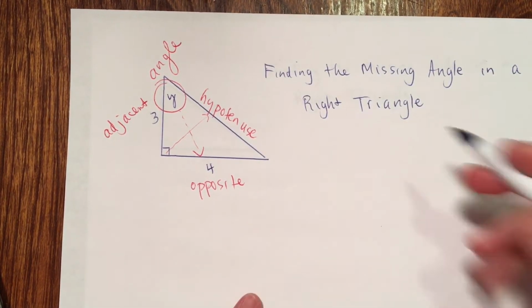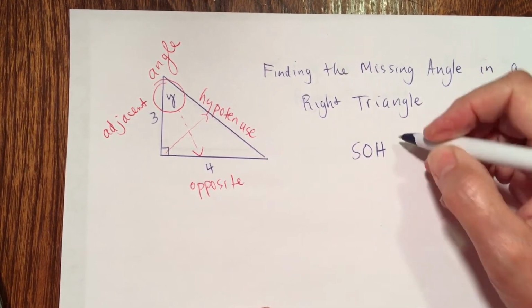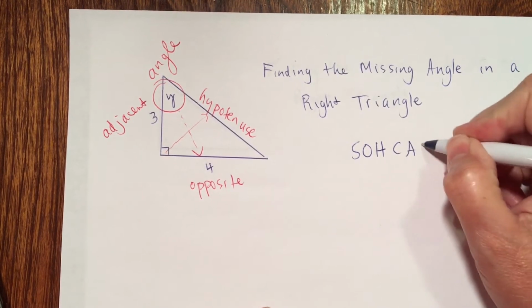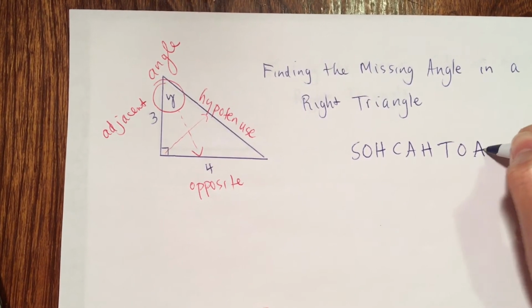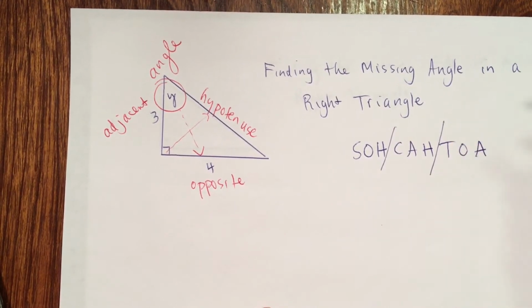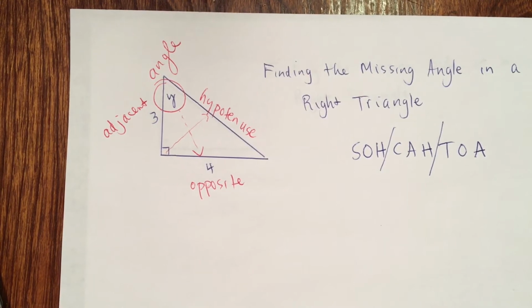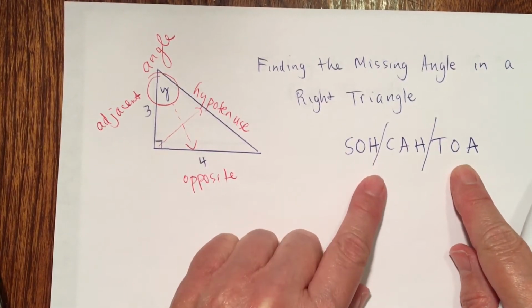I'm going to write out SOHCAHTOA: sine is opposite over hypotenuse, cosine is adjacent over hypotenuse, tangent is opposite over adjacent. Let me put my little 3 partitions because this is really 3 different formulas in here.